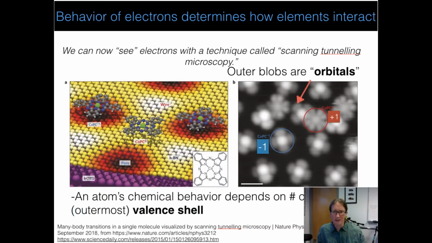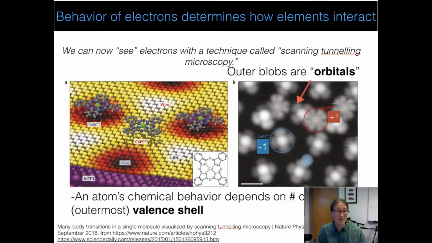Until fairly recently, chemists had only been able to deduce that this was how atoms were built. But in very recent years, there have been a series of technological breakthroughs that have allowed us to actually directly visualize electrons in their orbitals around atoms. That's what's shown over here in this image on the right.